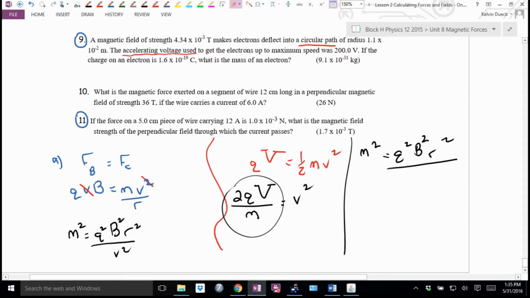So instead of dividing by 2QV over m, I'm going to times it by m over 2Q big V. Yay. Oh, that m cancels with this m if you divide it over. So, B squared, R squared over 2.